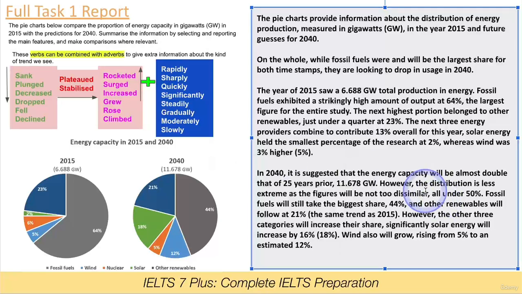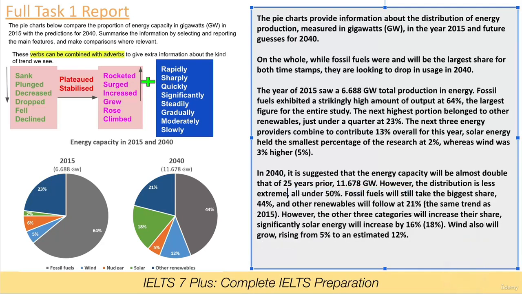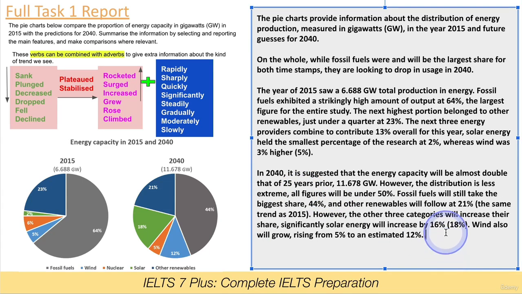All figures will be under 50%. Fossil fuels will still take the biggest share, 44%, and other renewables will follow at 21%, the same trend as 2015. However, the other three categories will increase their share significantly.